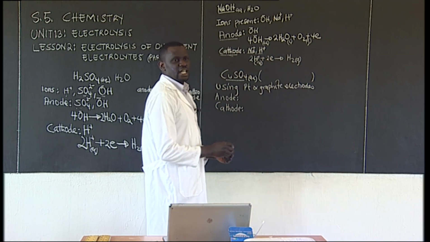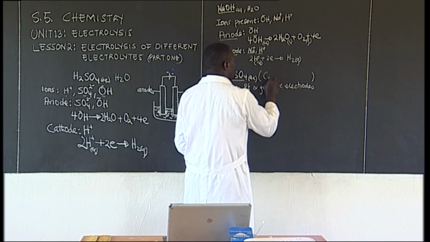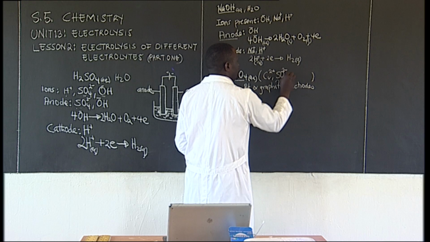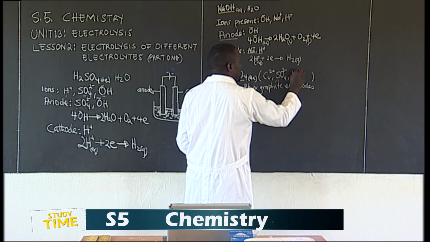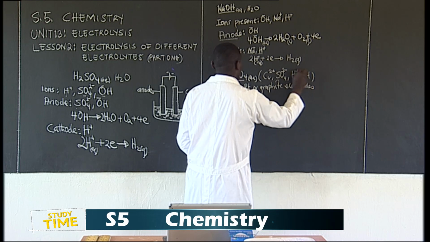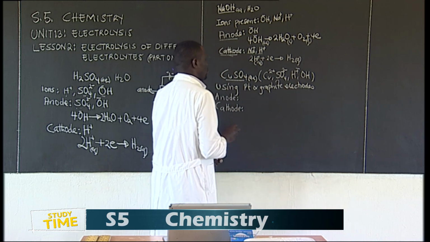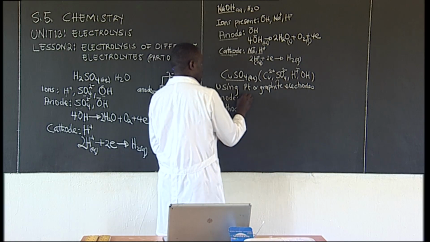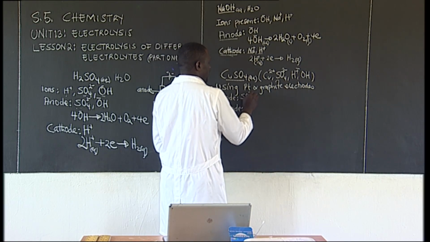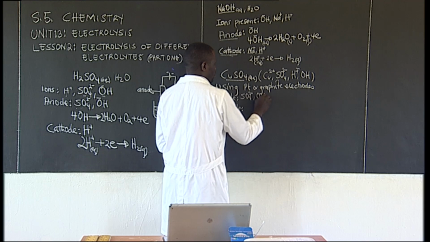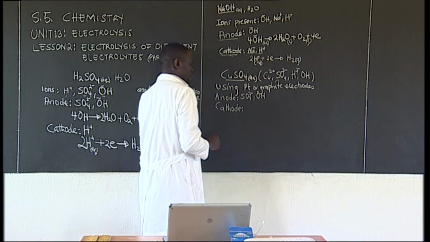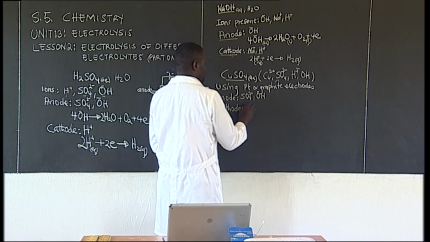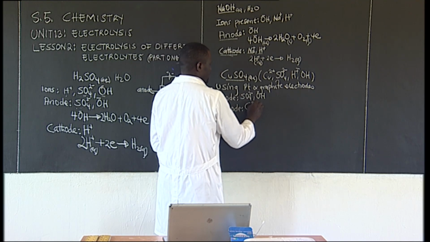We have Cu2+, we have the sulfate from copper sulfate, then we have H+ and the OH- from water. So at the anode, we shall have attraction of the negatives, that's the sulfate and the OH-. Then at the cathode, we shall have the positives, we have copper and H+.